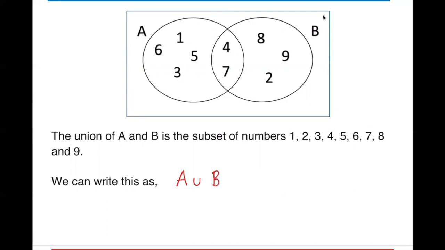So the union of A and B equals, curly bracket, 1, 2, 3, 4, 5, 6, 7, 8, and 9. That is the union of A and B, all of the numbers that are in A and B.